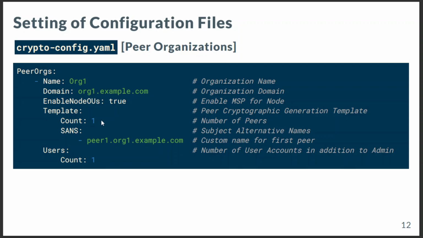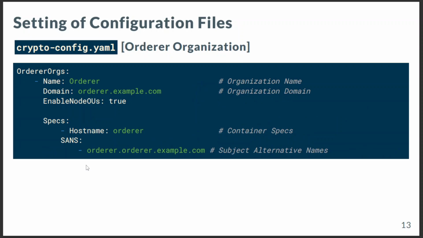For template, we have count one, which means that we will have one peer per organization. For that one, we have mentioned peer1.org.example.com. That's the SANS, or the subject alternative names. And finally, users. Users means except the admin user. There is one admin user by default, and except that admin user, we add another user by default, that is count one, that is randomly initialized.